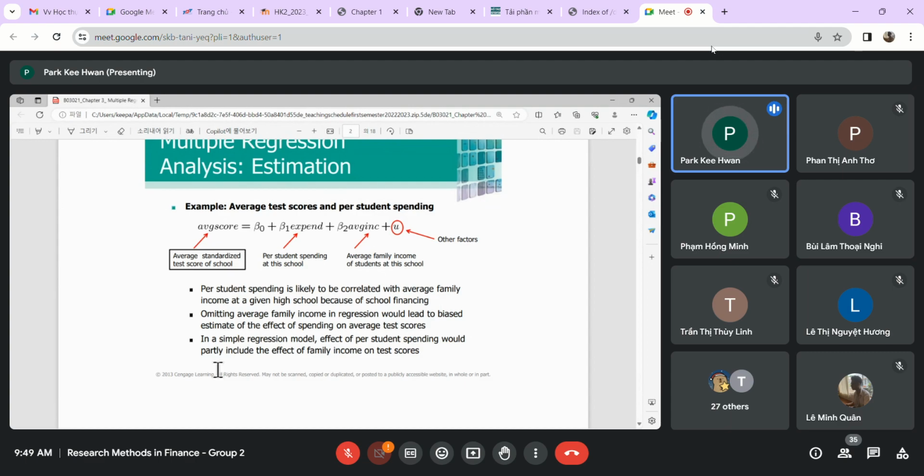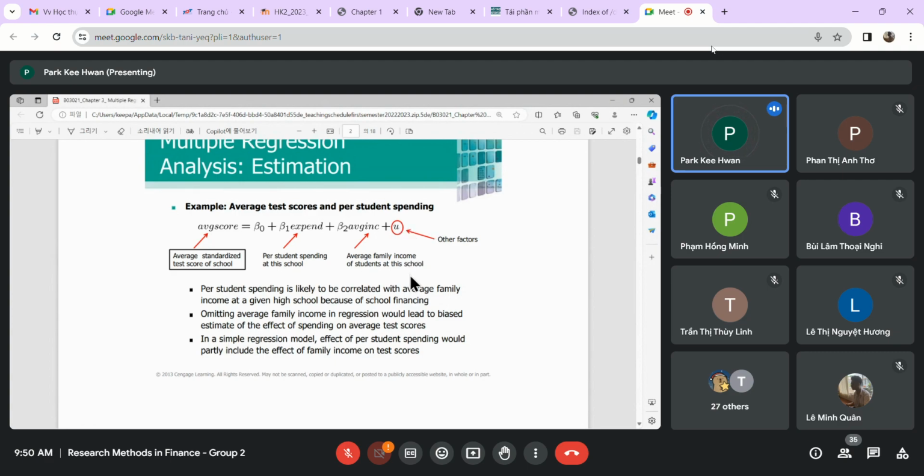But in a simple regression, you omit this average income variable, so you only estimate the effects of spending, and that biased estimate will overestimate the effects of spending on average score because it includes partly the effects of average income, which is contained in the error term in a simple regression.